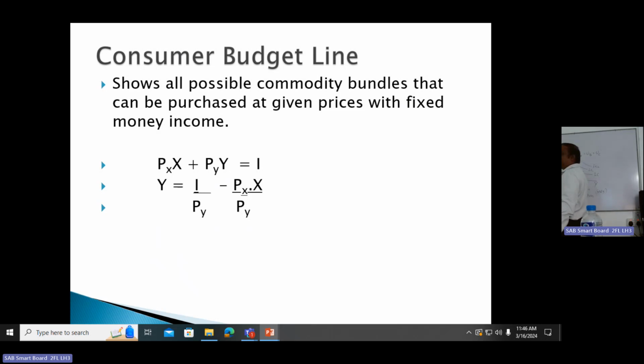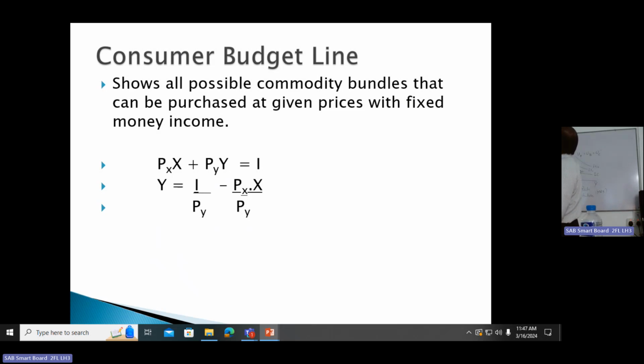Maybe this point, or this point. We know that each point gives equal satisfaction, but which point maximizes the utility of the consumer depends on his ability to buy. Therefore, we need to incorporate the budget line into our model.